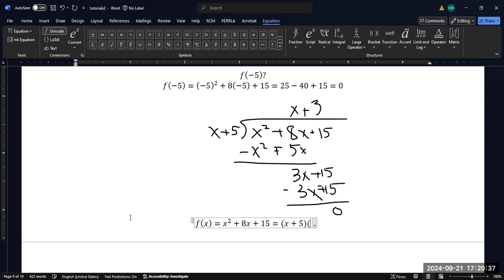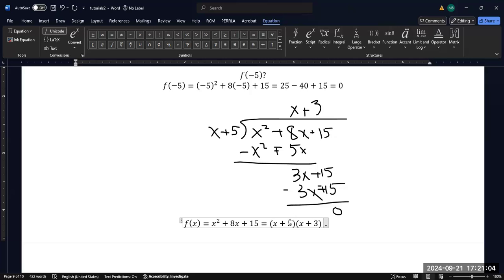And we find out that the something else in this case is x plus 3. And you can see, if you think about how you would factor this, factors of 15 which add to 8 would be 3 and 5. This makes perfect sense in this case where we have 0 as our value at this particular number.